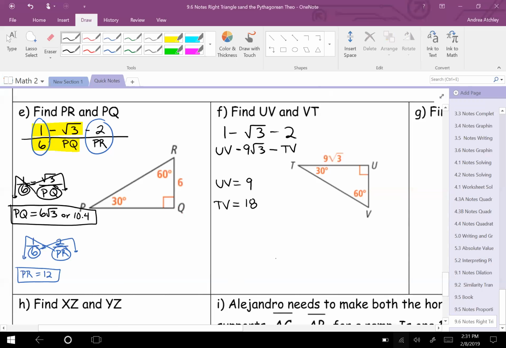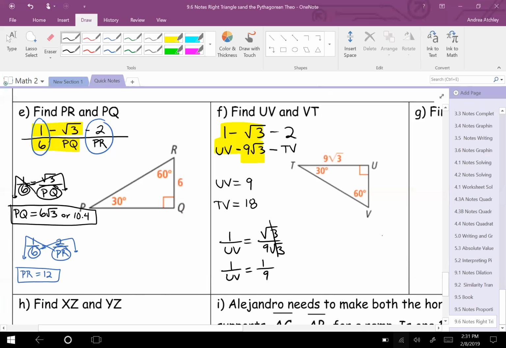If you're not sure on that, all you have to do is do the proportion. Here's my proportion: 1 over UV is equal to square root of 3 over 9 square root 3. Well, what's square root 3 divided by square root 3? 1. Anything divided by itself is 1, so those cancel out. I get 1 over UV is equal to 1 over 9.